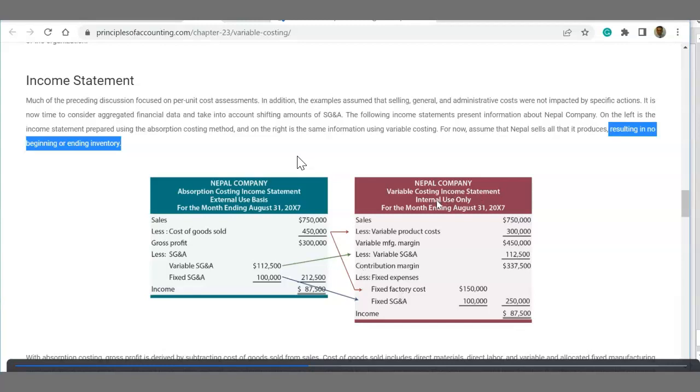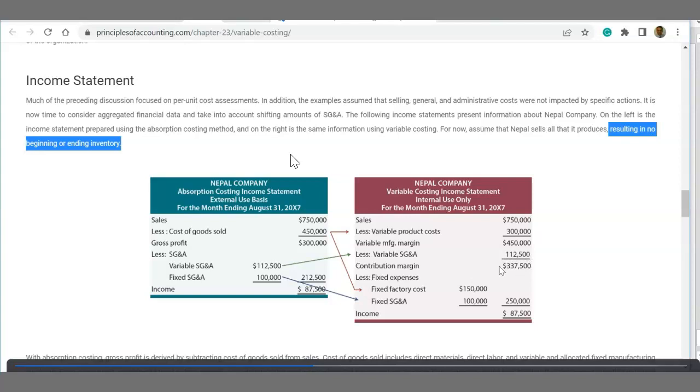Remember, variable costing is for internal use. You don't give this variable costing income statement to anyone, but all you want to know is what your contribution margin ratio is and what type of fixed expenses you have.